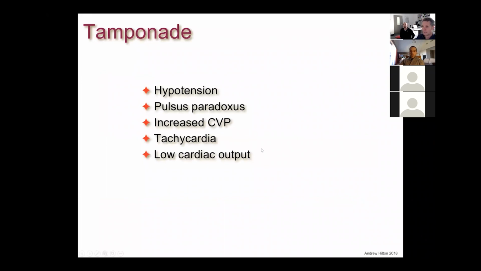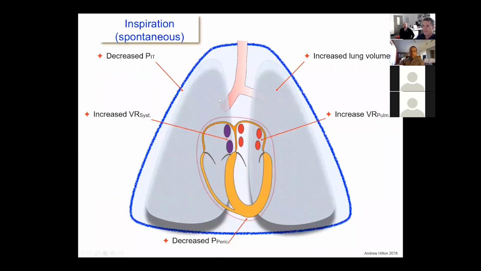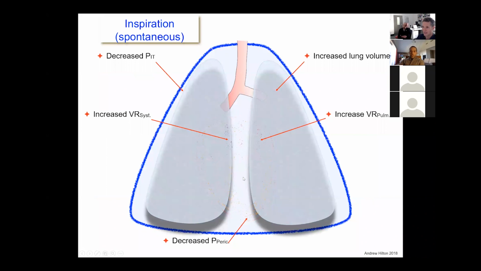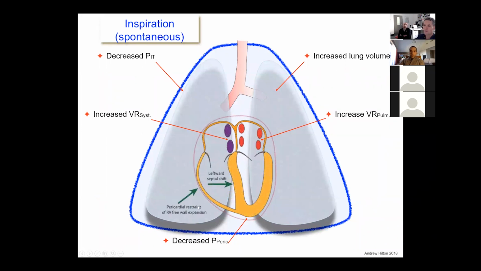Okay, tamponade. So tamponade is obviously associated with hypotension, pulsus paradoxus, raised CVP, tachycardia, and a low cardiac output. And that's because if we've got decreased compliance through our pericardial sac, we are going to restrain the RV free wall from expanding.